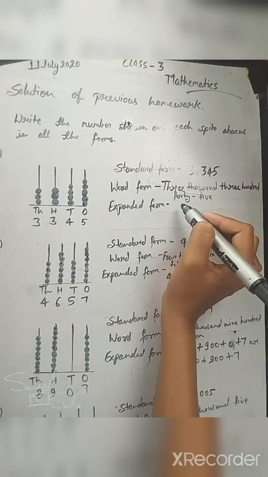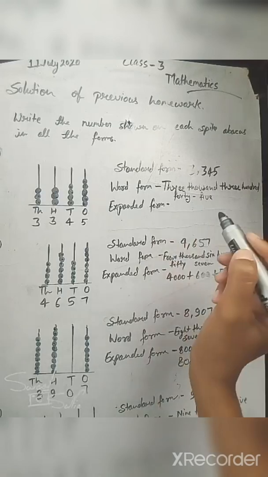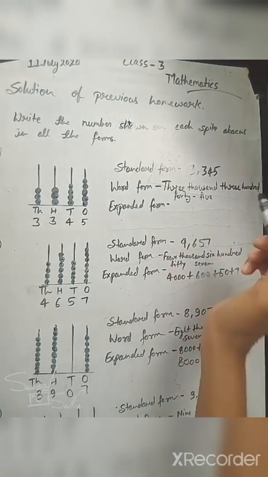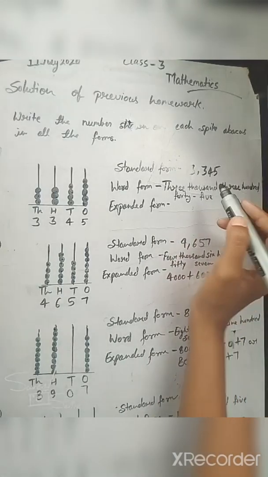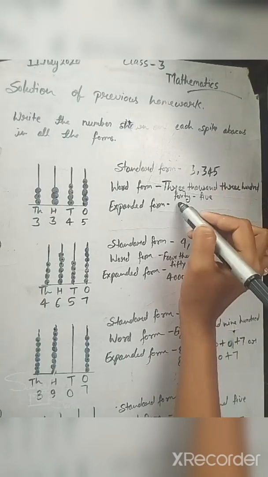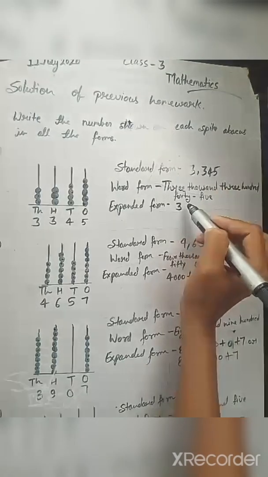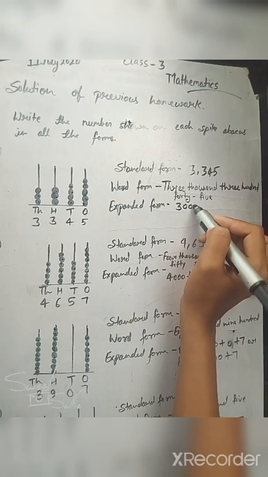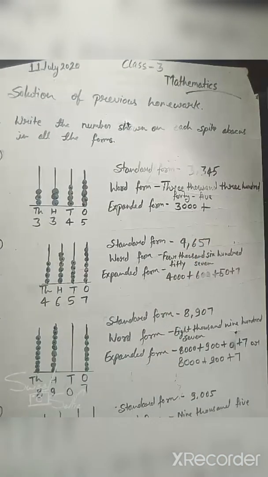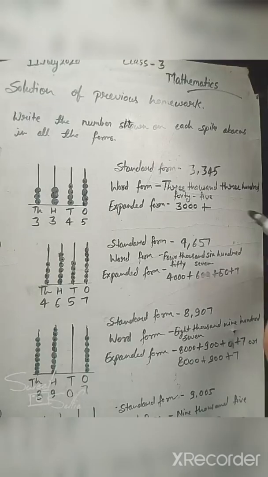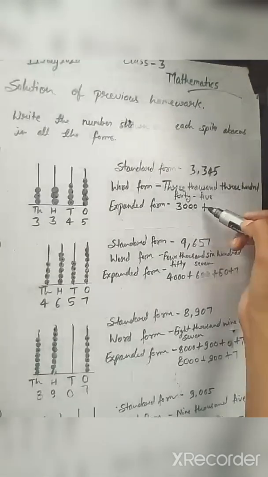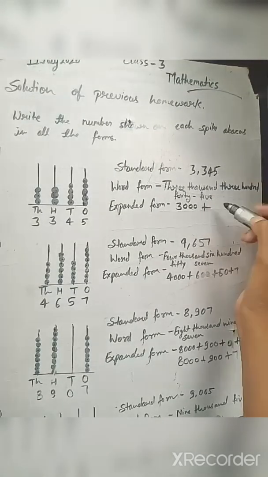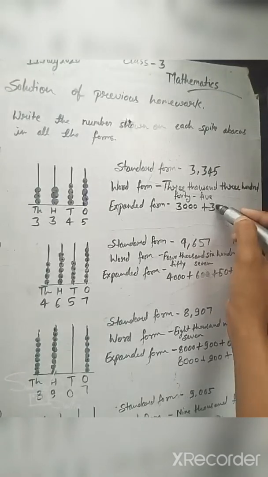So we have to write expanded form according to their place value. So 3 is at 1000 place, so we will multiply it with 1000. Then we get 3000, plus sign between them. Again 3 at 100 place, so 300.